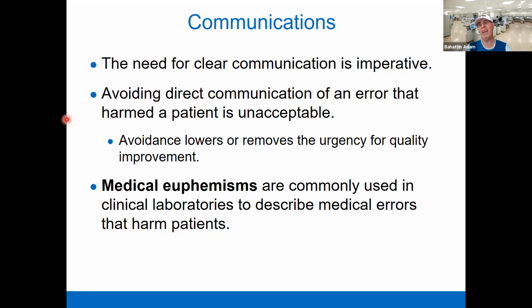We are using a different language to describe the medical errors that harm the patients. But the patient has a right to understand what is happening, right? Therefore using medical euphemisms is also unacceptable.